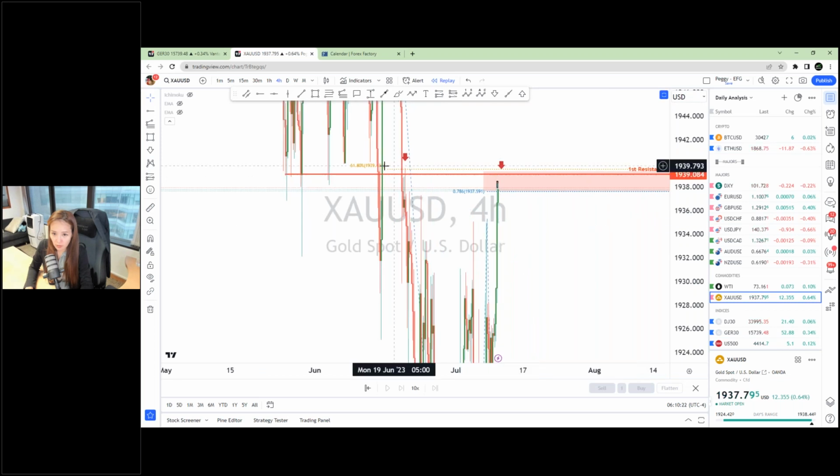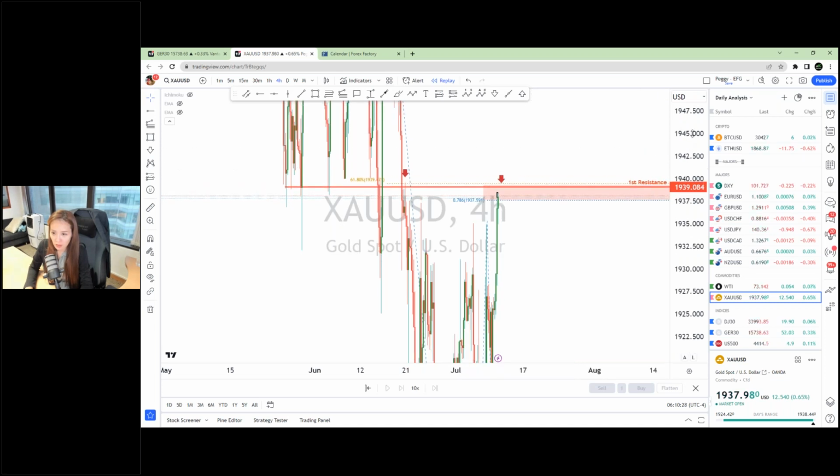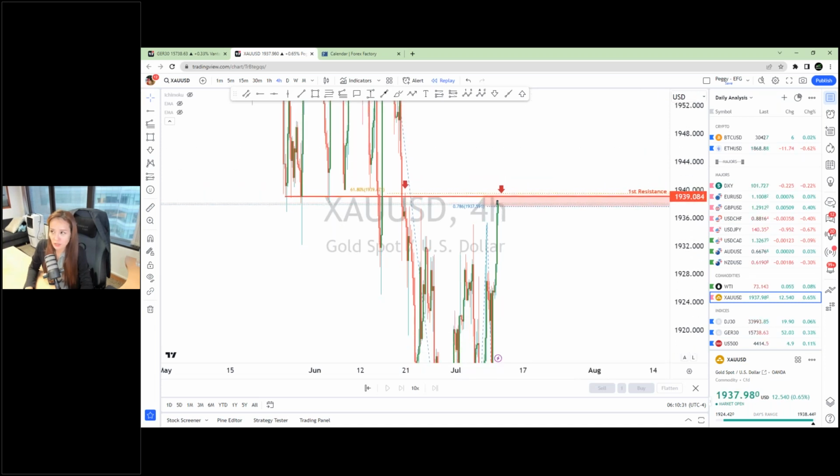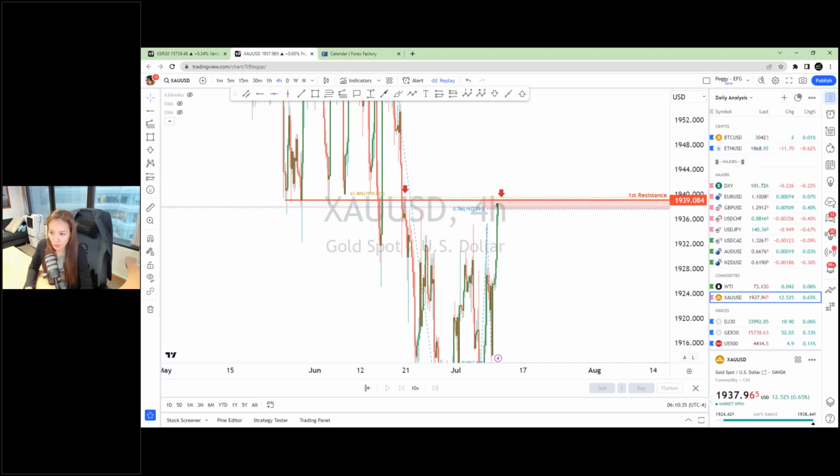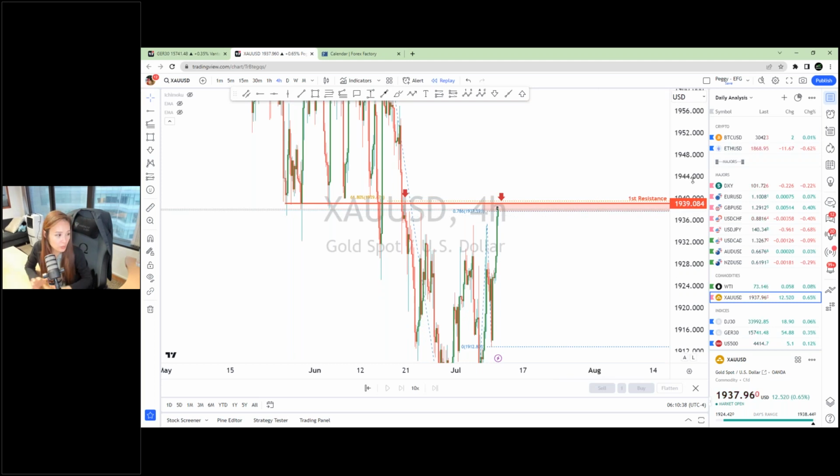If price goes all the way up to here, where is my SL? Usually my SL is about 500 points above, depending on my lot size, and also depending on your account size.